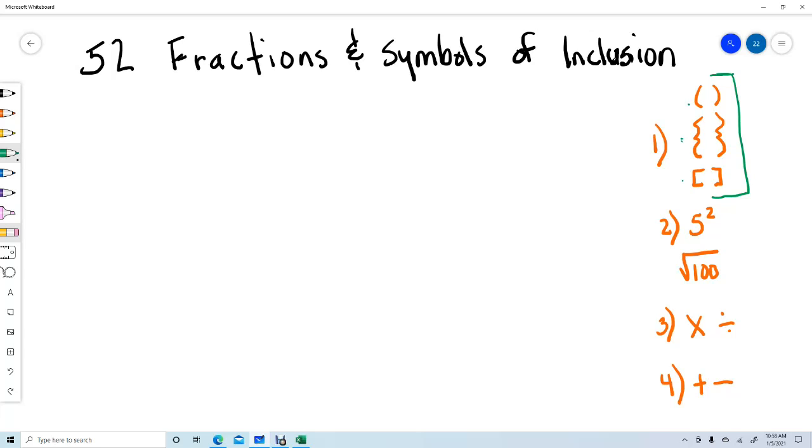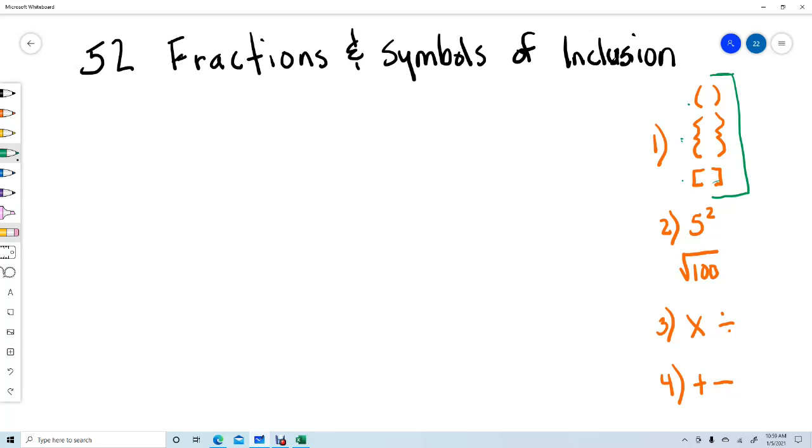And if you recall when we talked about order of operations, when you have a long equation, you have to do certain operations before others. The standard order is that first you work out everything in these symbols of inclusion. So you have to simplify everything in the parentheses, braces, and brackets.